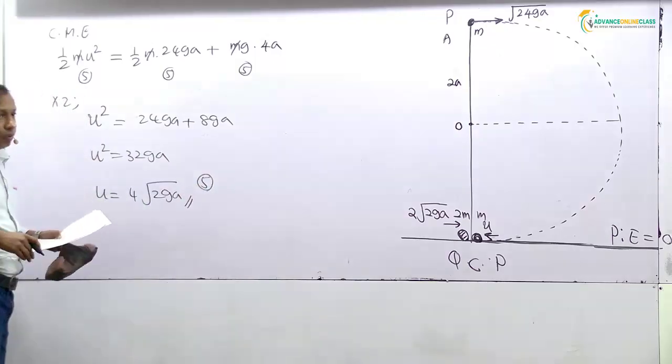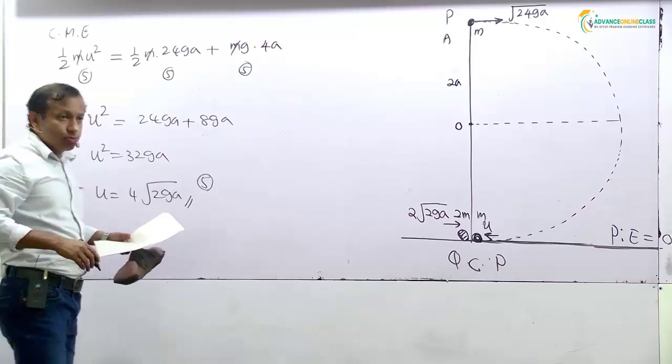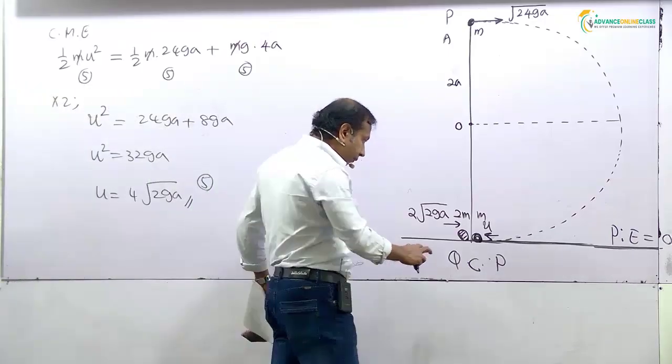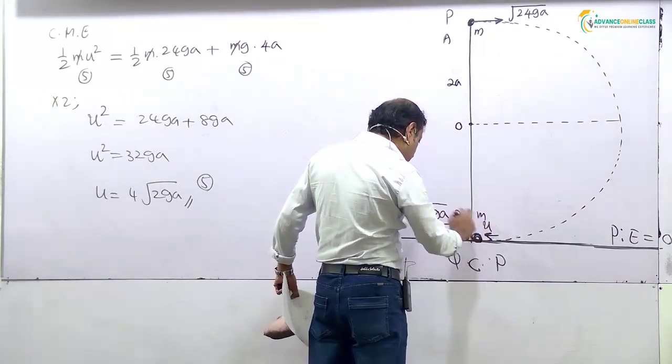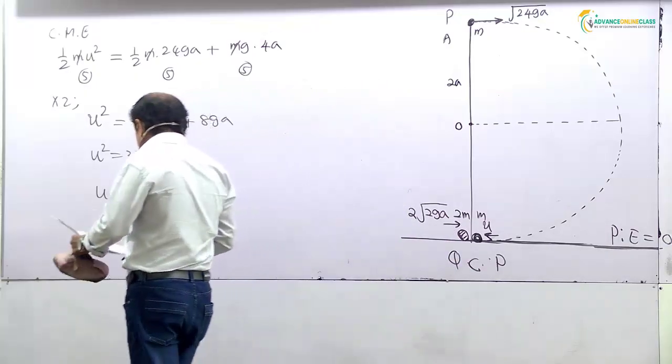Right, now collision takes place. Just before the collision, the velocity is u, and this u velocity we know. Then I can do that here.